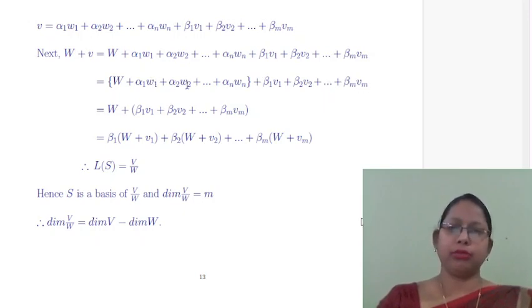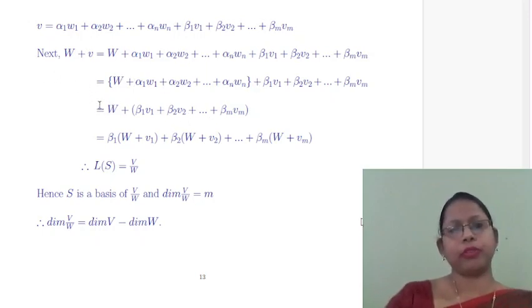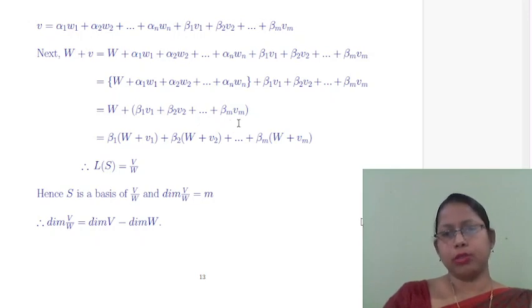As w1, w2, dot wn are the elements in the basis of W, in place of this I can write W plus the remaining elements beta 1 v1 plus beta 2 v2 plus dot beta m vm. In the next step, you can write W plus beta 1 v1 plus W plus beta 2 v2 plus dot plus W plus beta m vm.